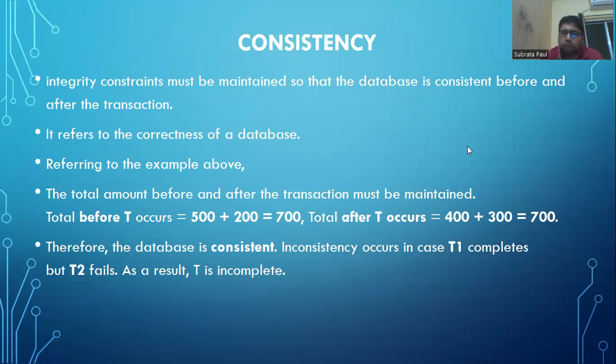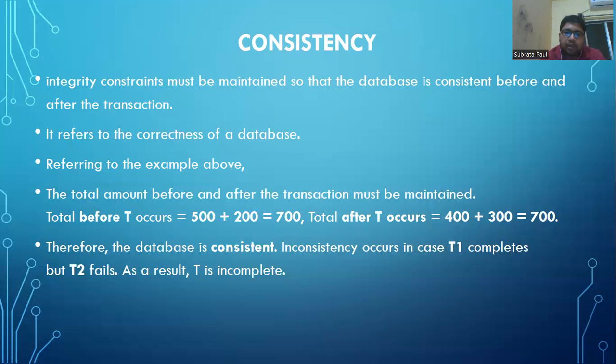Here, 500 plus 200 is 700. This was the total sum of money before the transaction, and after the transaction, T1 has decreased to 400 and T2 has increased to 300. Therefore, the sum of money is also 700. That means the total sum of money before and after the transaction must be equal, that is, 700 in the example that we have considered. Therefore, the database is consistent.